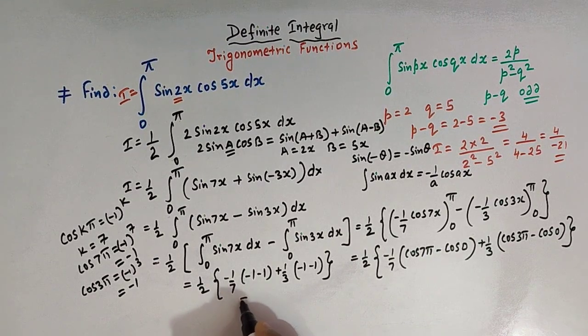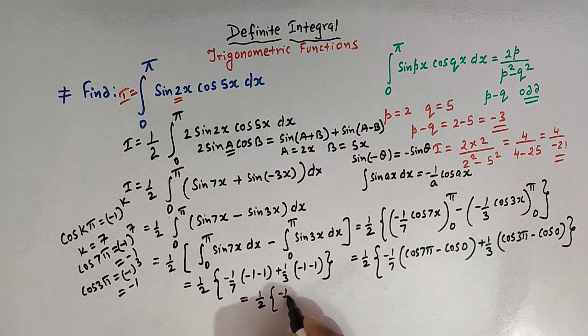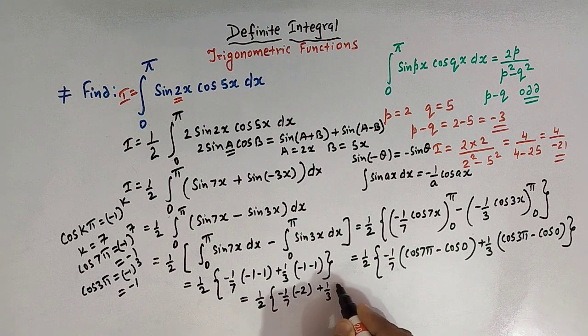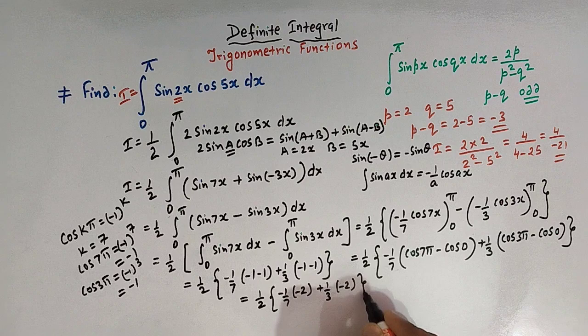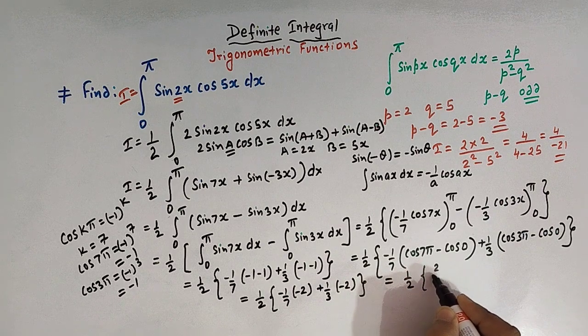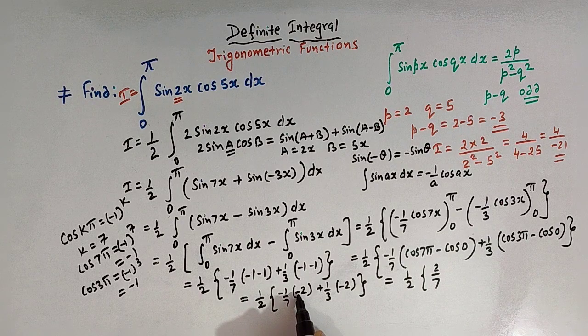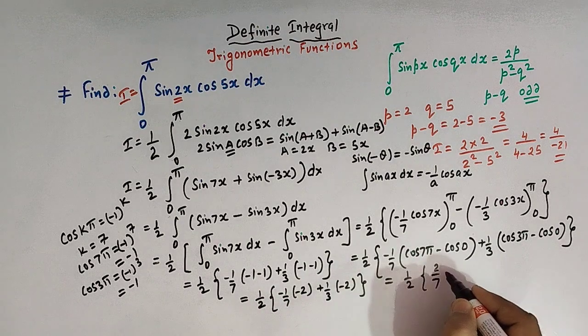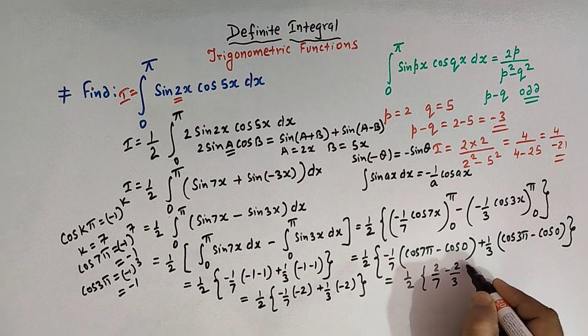Now let us simplify this. We have half, and here we have minus 2, so this is minus 1 over 7 times minus 2, plus 1 over 3 times minus 2. This is half of 2 over 7, since minus times minus is plus, and minus 2 over 3.